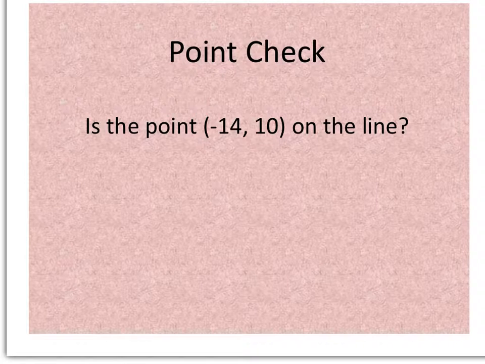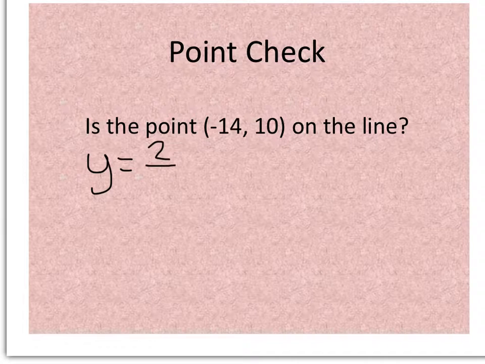Here we want to check to see if the point (-14, 10) is on the line. So we do our equation. We had y equals 2/3 x minus 2. So in place of y, we put 10.